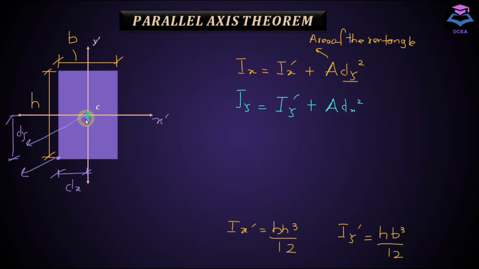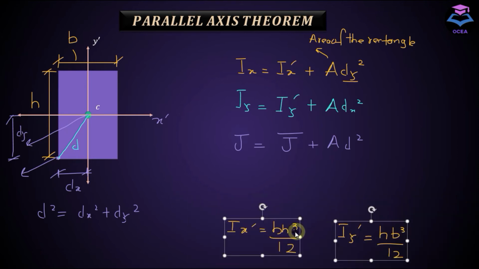And let's call this distance d. If I apply the Pythagoras theorem, d square equals dx square plus dy square. So polar moment of inertia about this axis is equal to J about the centroid, the polar moment of inertia about the centroidal axis, plus A d square, where A is the area of cross section and d is the perpendicular distance between these two axes, this one and this one.